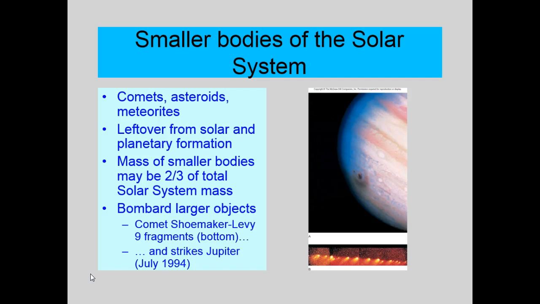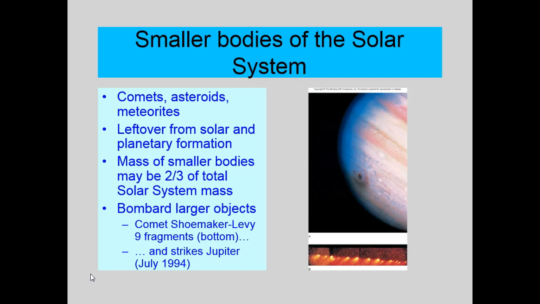So this is excluding the sun, obviously. Because the sun is 700 times all of it put together, this can't be 2/3 of the solar system mass. What it means is the total solar system mass excluding the sun.